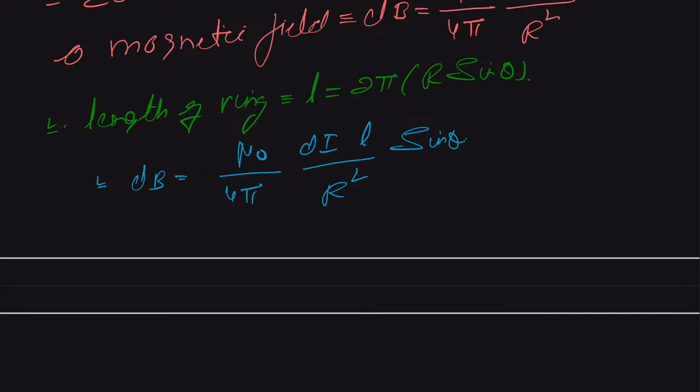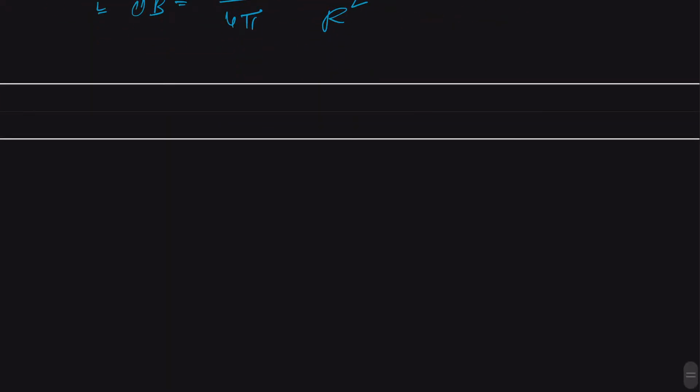And we can substitute our di now, as well as our L. Therefore, we get the magnetic field will be equal to mu naught upon 4 pi.